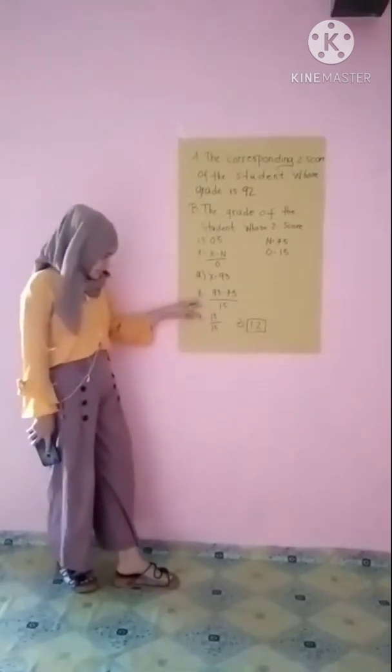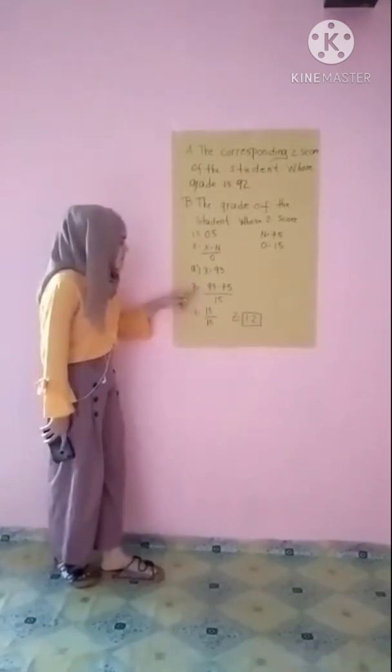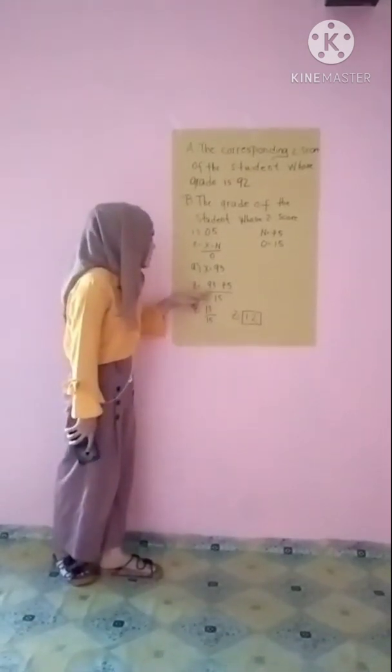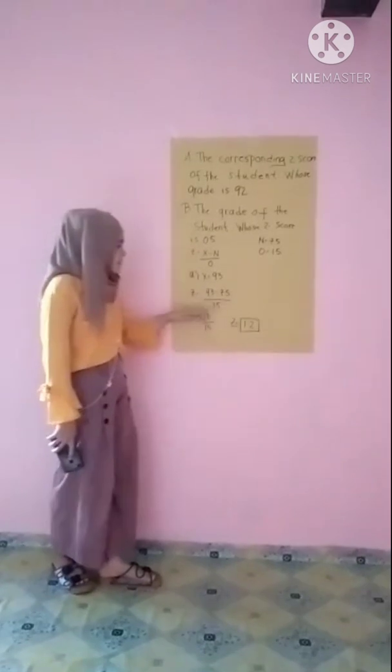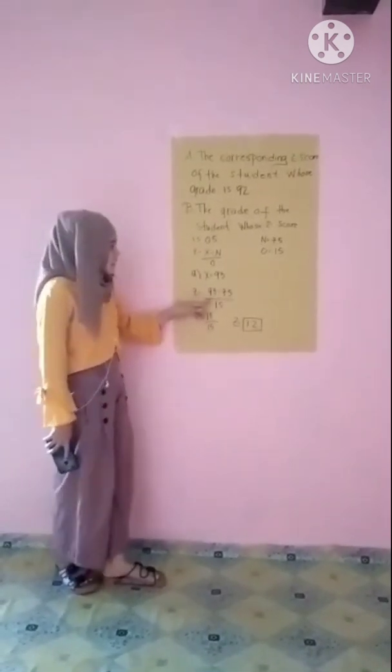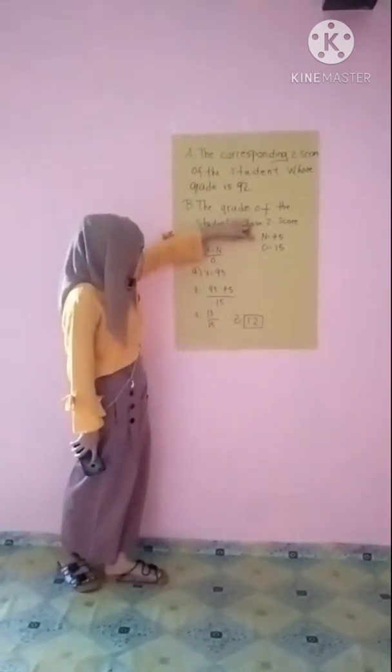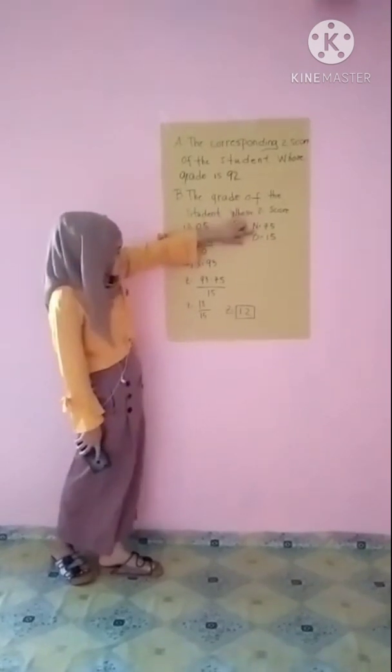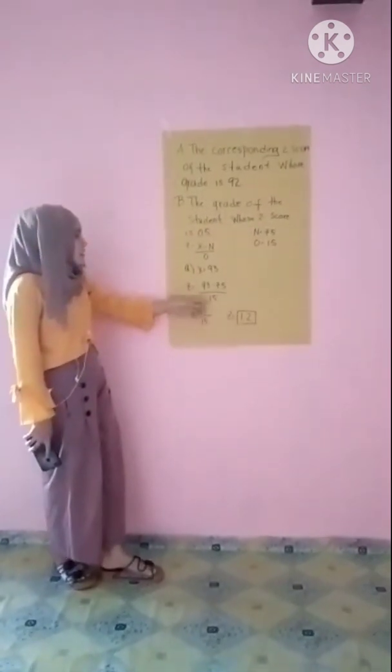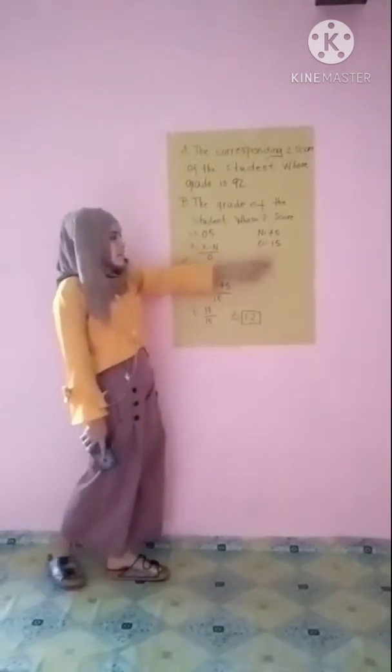The Z-score is 93 minus 75 over sigma, which is 15.